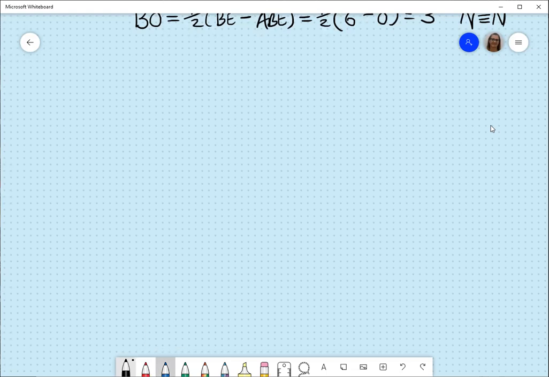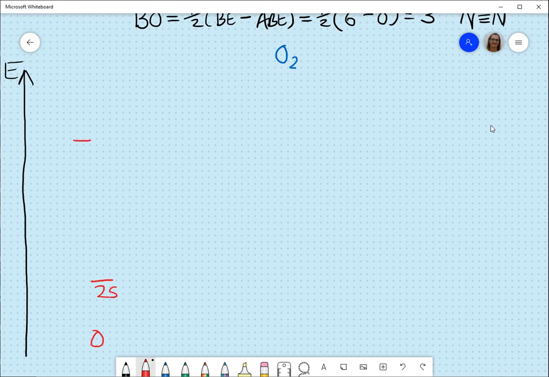Okay, so let's do oxygen now. All right, O2. Remember, we need to draw an energy indicator. Always important to draw the energy indicator. All right, and again, we'll go with oxygen down here. And we've got a 2s orbital, and we've got 3 2p orbitals, and we'll choose the other atom on this side here.